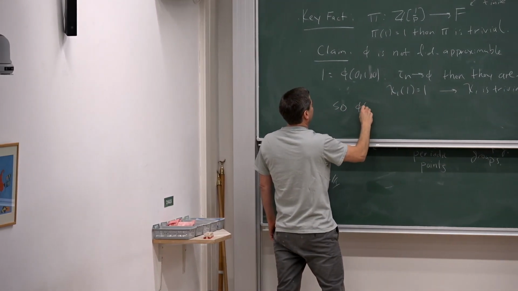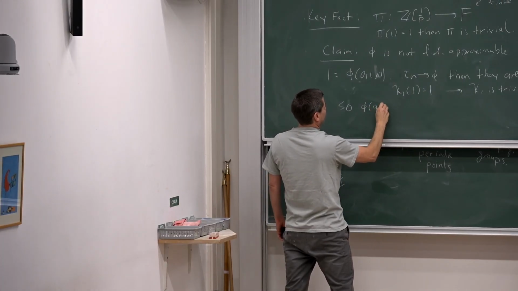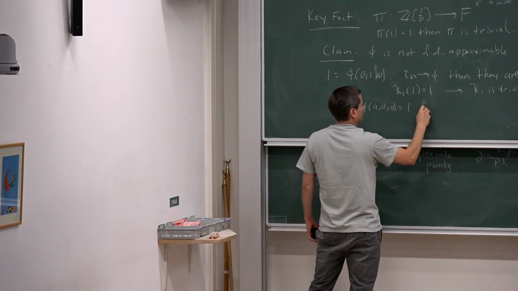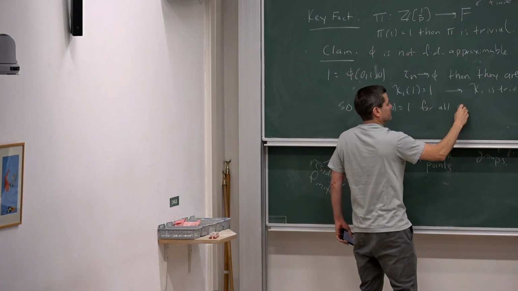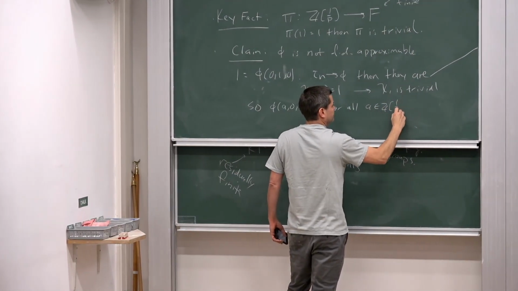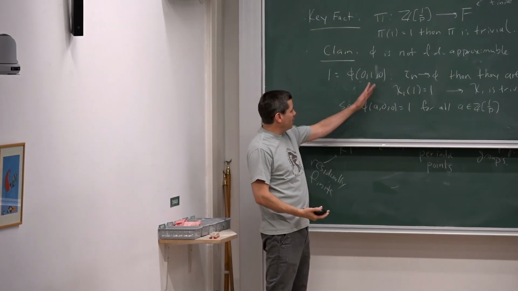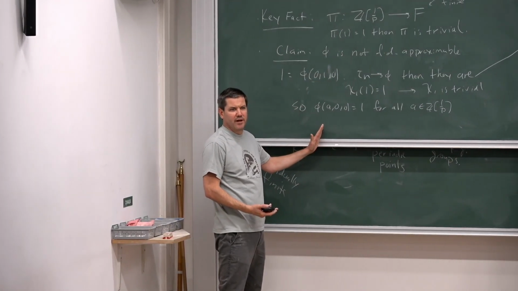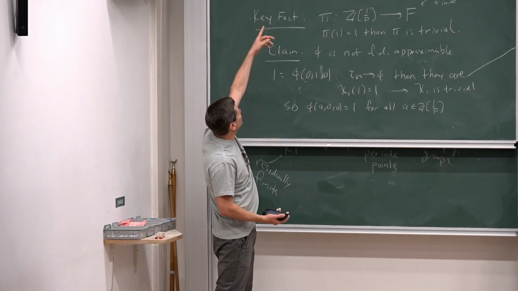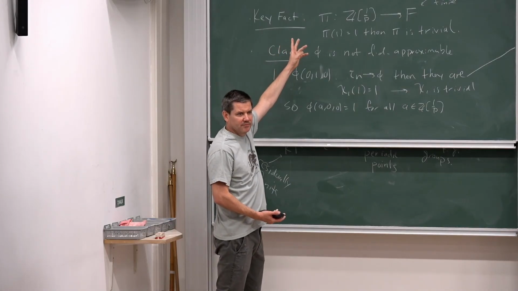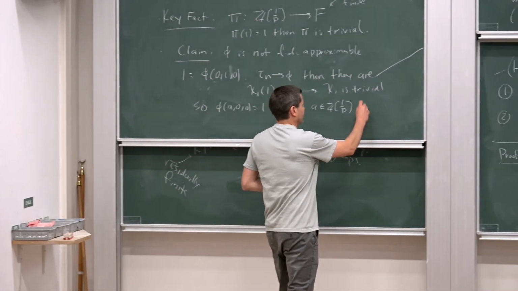So that means that phi of a... okay, so now we bring it back to this, and so everything in this first component has to go away. So that means that we can't approximate that.